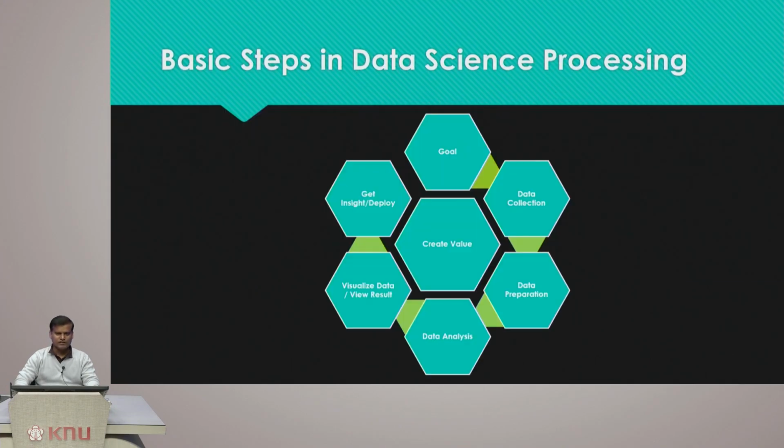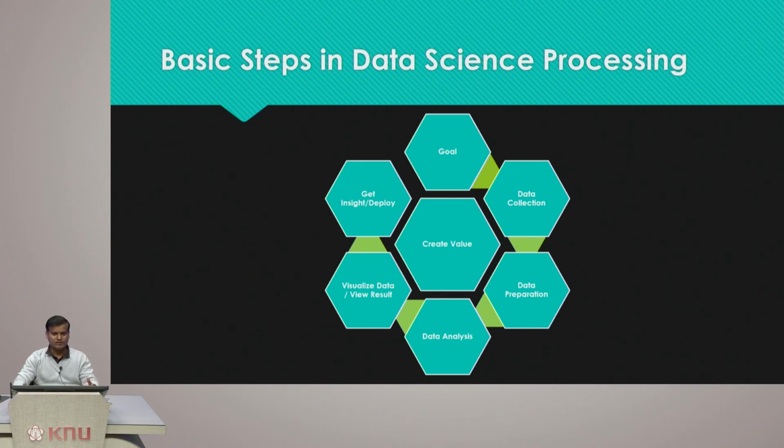So what we are going to see today is, here is the overview. You can see various blocks. At first we have to define the goal or objective of our data science processing. For example, if our goal is to obtain valuable information about, say, weather, then that's our goal.